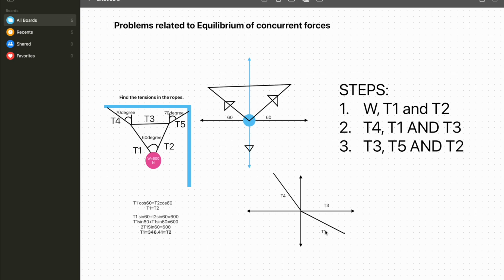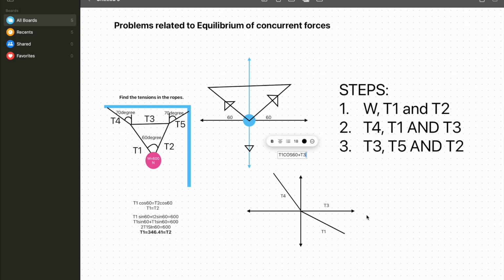So if we can write that T1 cosine of 60, because the angle between here is 60, so we have to write 60, plus T3 is working at the same direction.